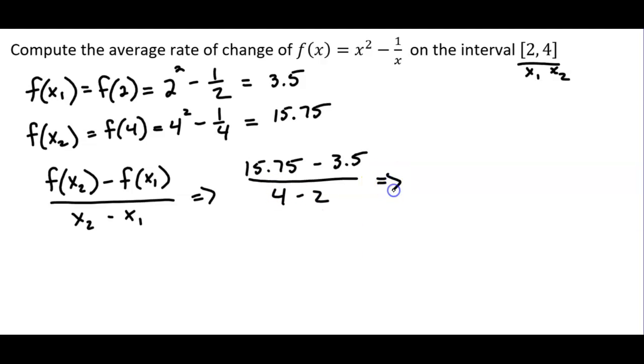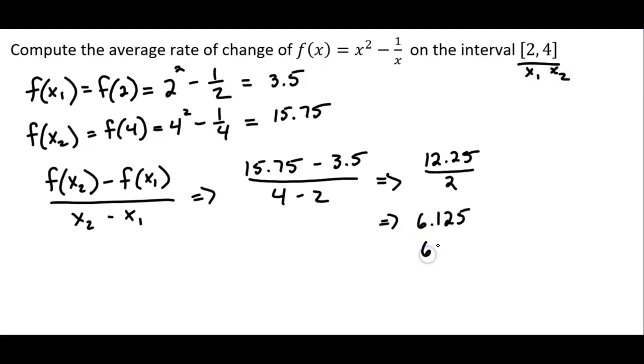So then we're going to get 12.25 over 2. Let me just do that on the calculator real quick. 12.25 divided by 2 is 6.125.